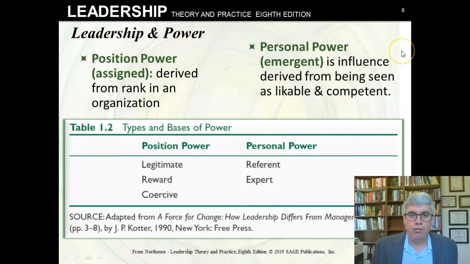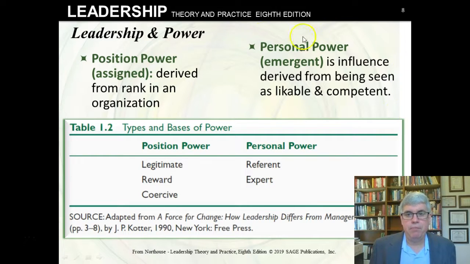But then there's also, in contrast to position power, personal power, which is the source of emergent leadership. Personal power is influence derived from being seen as likable and competent. So that would be referent power, that's being likable, and expert power is being competent.